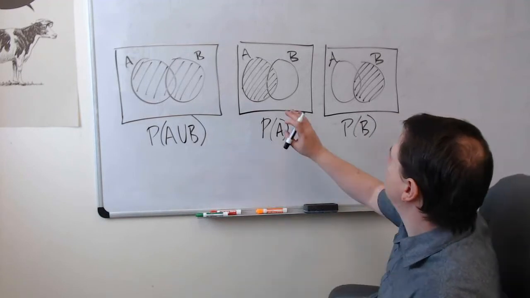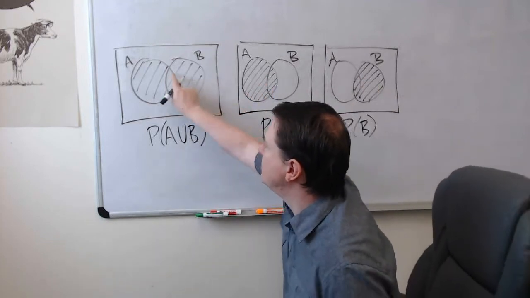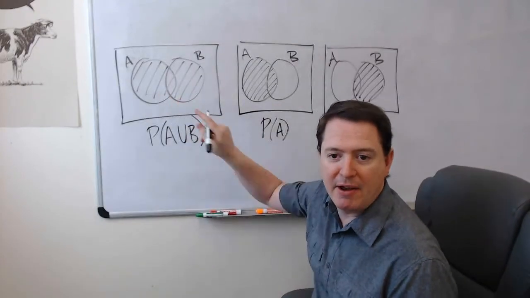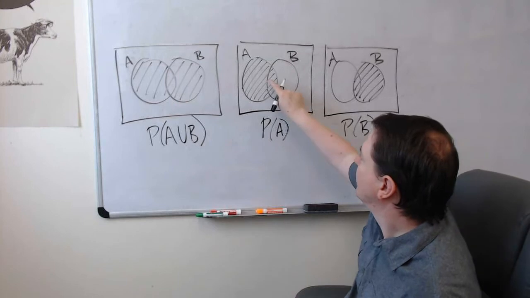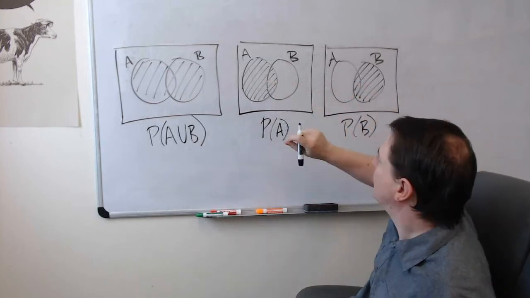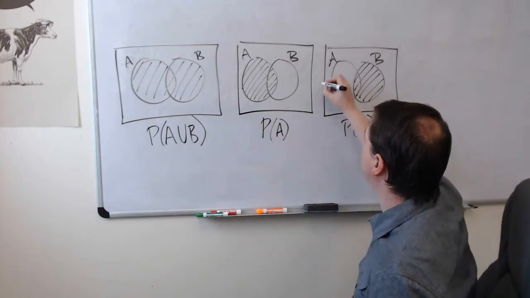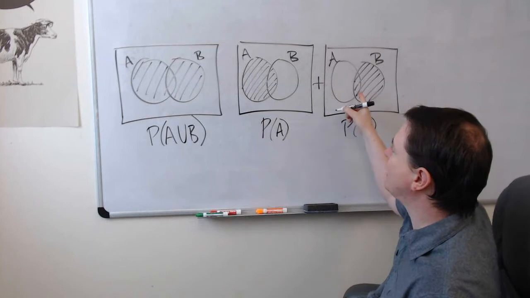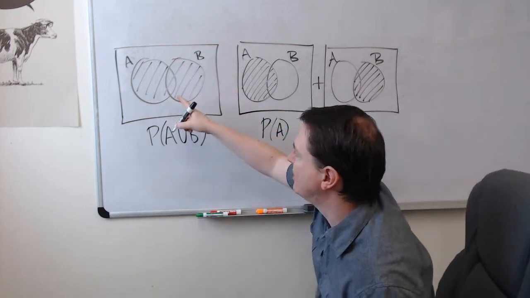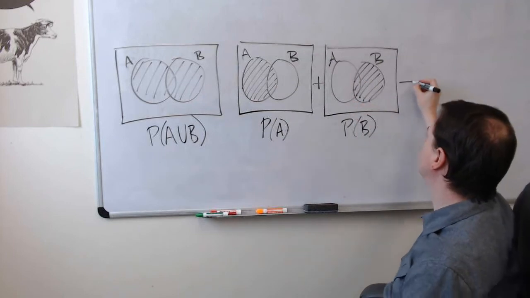I hope you can see that when I put these two circles together, I do get this, but I've double counted this football shape inside. Since I've double counted that, I want to take that away. So I add the two circles together to get this, and then take away the football shape in the center that I've double counted.